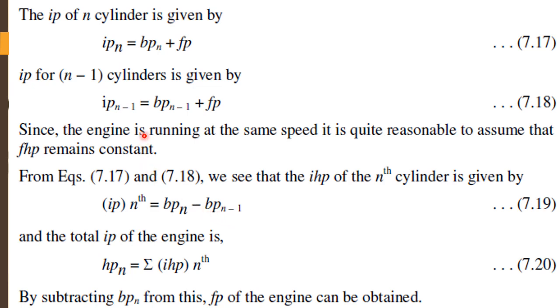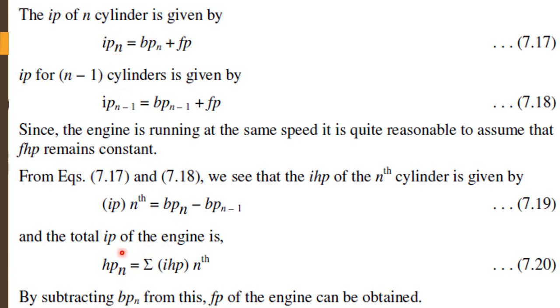In this way we have to find out the indicated power for each case: when we cut the first cylinder, the second cylinder, the third cylinder, and the fourth cylinder. When we add IP1 plus IP2 plus IP3 plus IP4, we get the total IP of the multi-cylinder engine.